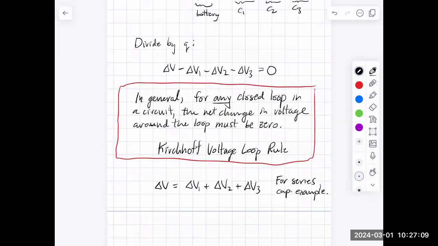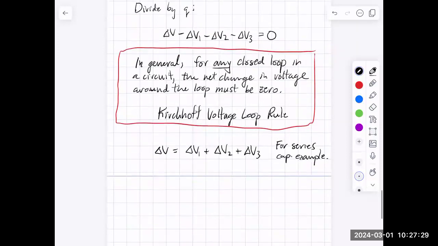All right, so now we know two things about our series combination of capacitors. And they're both important. One is that all of the capacitors have the same charge. And two is this loop rule says that the sum of the voltages across the capacitors has to be equal to the voltage provided by the battery.